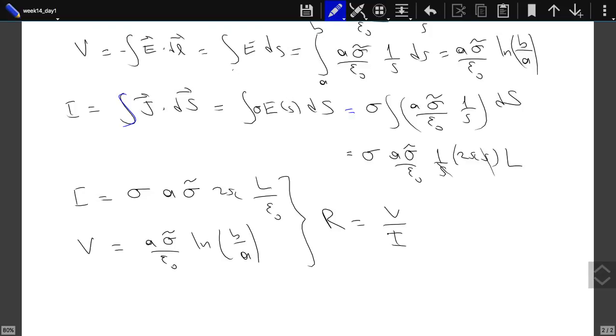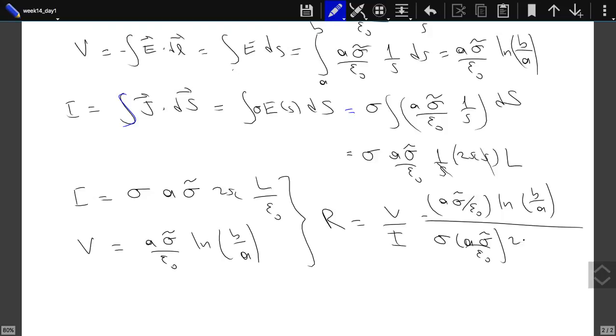Resistance per length L. So this is equal to V, which is A sigma tilde divided by epsilon 0 times the logarithm of B over A, divided by I, which is sigma times A sigma tilde over epsilon 0 times 2 pi L. Well, A sigma tilde over epsilon 0, they just cancel.